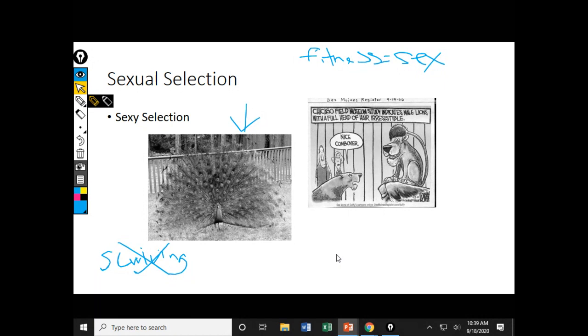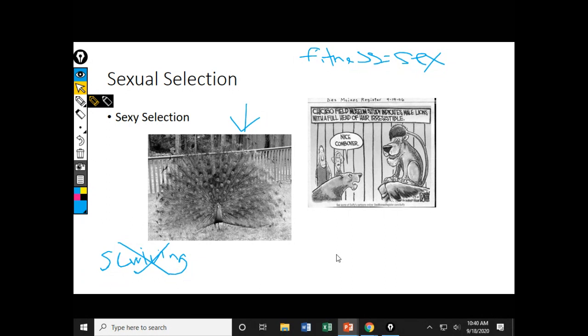So in some cases, sexual selection actually goes in the opposite direction of natural selection. Now, this isn't always the case. There are plenty of species where females just like males that are not stupid. We can think of something like a lion. They just like to pick the biggest male who's the meanest and is more likely to not die and can protect them.